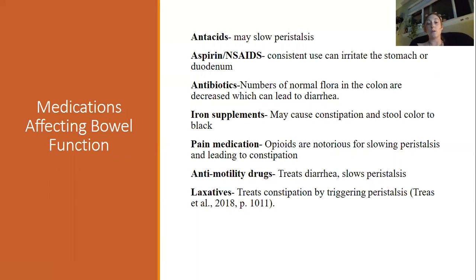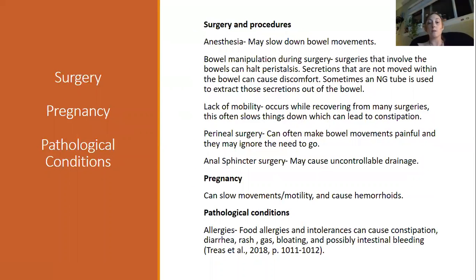Pain medication, such as opioids, is notorious for slowing peristalsis and leading to constipation. Anti-motility drugs treat diarrhea by slowing peristalsis, and laxatives treat constipation by triggering peristalsis. Next. And here we have some other factors.